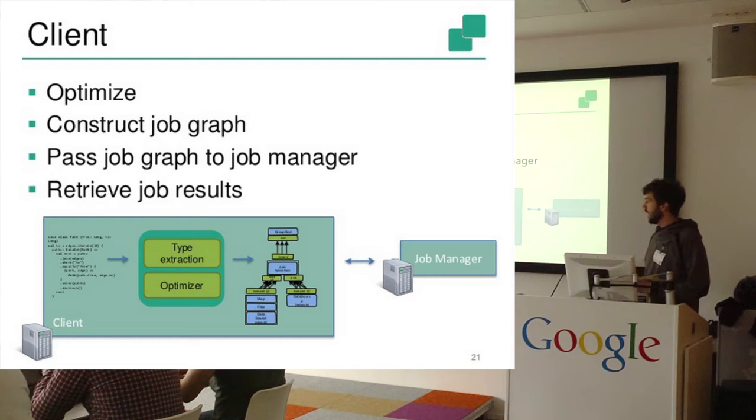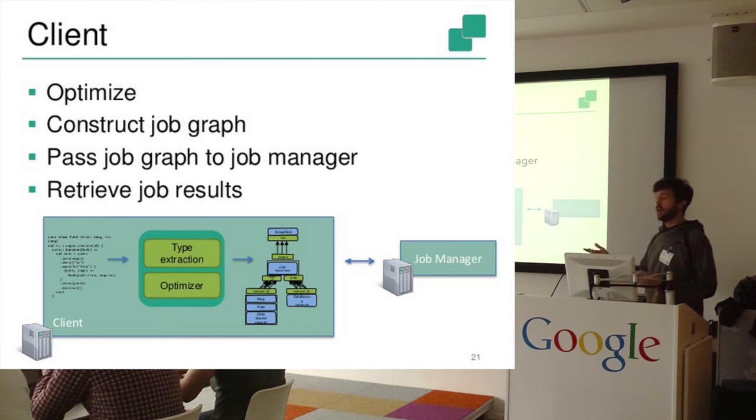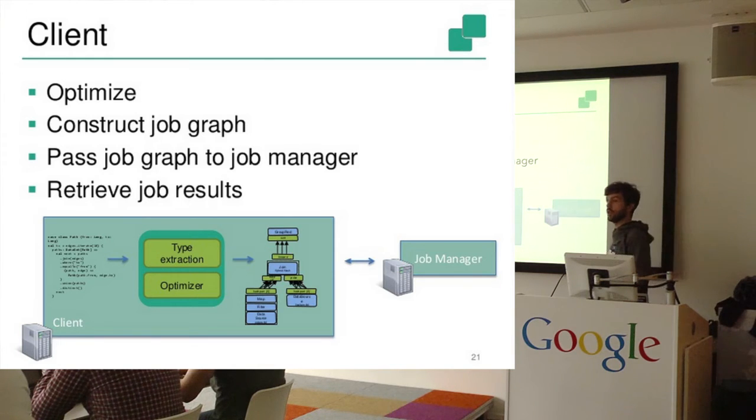After the type extraction, we perform optimization to see how we can generate a data flow most efficiently, and choose the right strategies, for example, for a join operation.